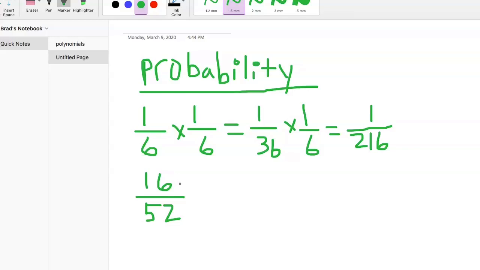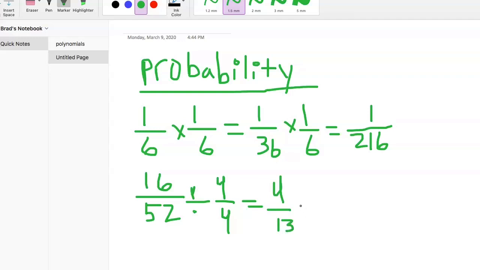16 out of 52, if we divide each side by 4 to reduce this down a little bit, gets us 4 out of 13. So we've got a 4 out of 13 chance of getting a face card on the first one.